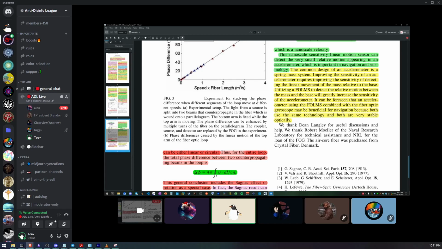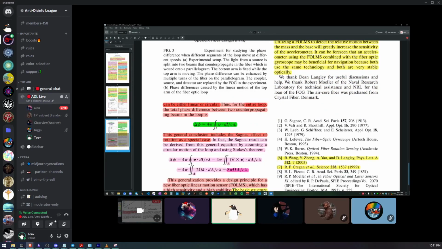Thus, for the entire loop, the total phase difference between two counter-propagating beams in the loop is... Over to you, Alan. All right. Delta phi equals 4 pi over the integral of length, I'm guessing, velocity times dl over c lambda.